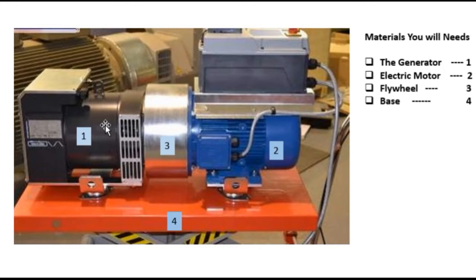Otherwise, it will be classified as overload. For a generation system, you must have a power reserve on the generator. For instance, if my generator is 5,000 watts, I should keep at least 1,000 watts as a reserve. The reserve is for other purposes, like powering the electric motor.